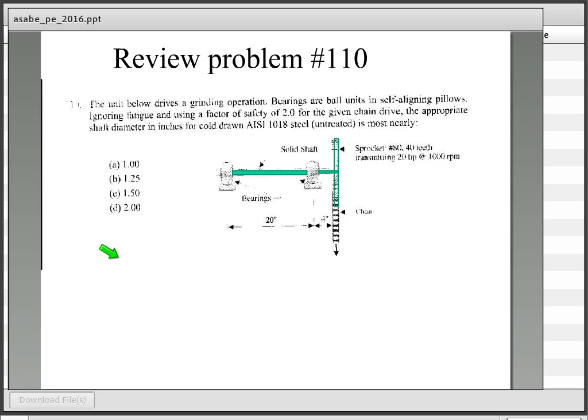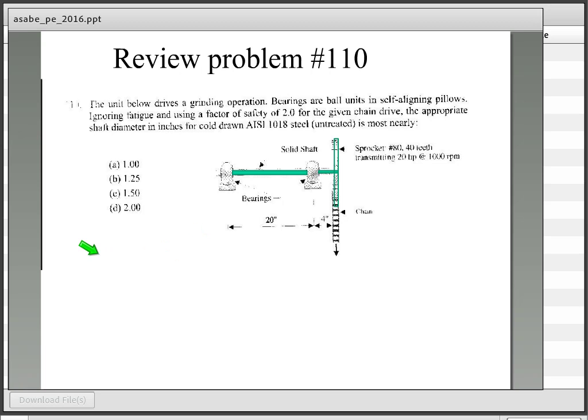We're also told that we want to find the diameter of this shaft being made out of 1018 steel. And if we read the problem carefully, we also note that it's telling us to ignore fatigue. And it's telling us to design for a safety factor of 2.